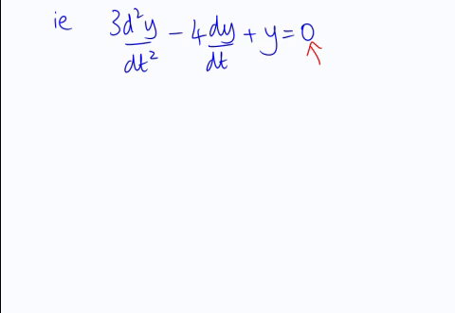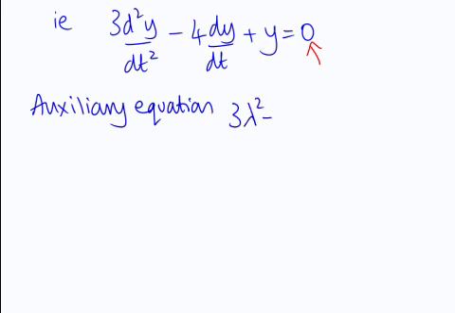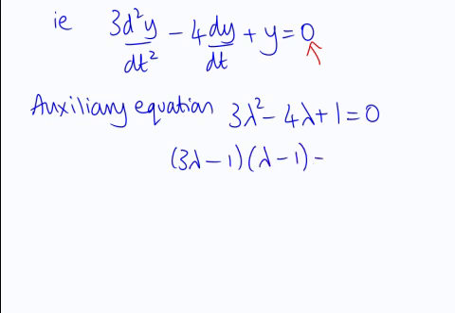So proceeding as before, the auxiliary equation is 3 lambda squared minus 4 lambda plus 1, which equals 0. Factorising, yes, it will factorise: 3 lambda minus 1 and lambda minus 1 equals 0. So lambda is 1 or a third.